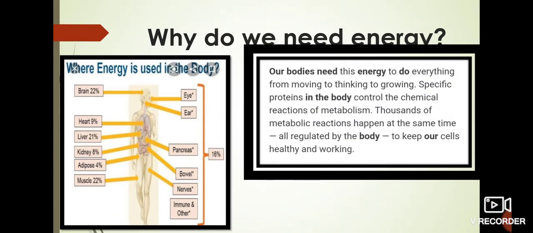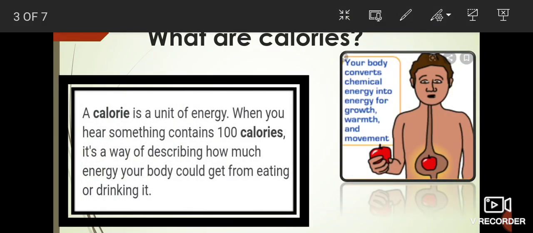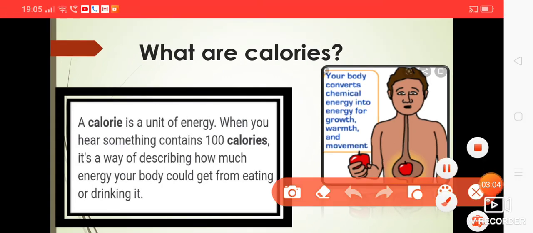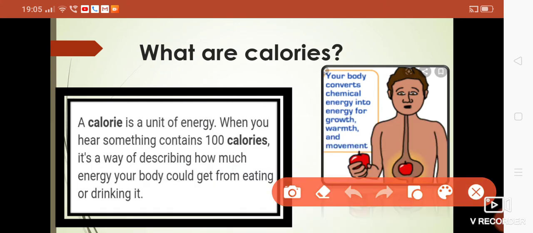Now we'll go to the next slide. What are calories? Calories are a unit of energy. Calorie refers to anything that contains energy. Calories in our food are a measure of how much energy the food possesses.